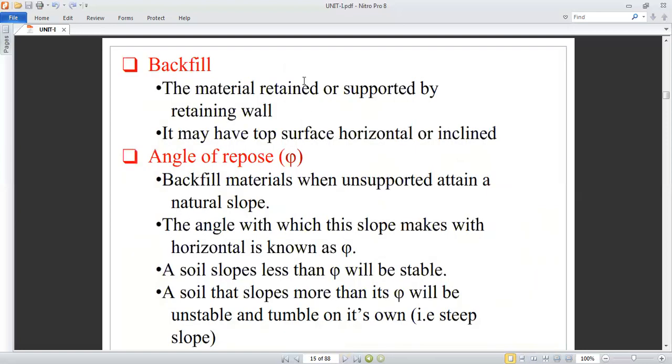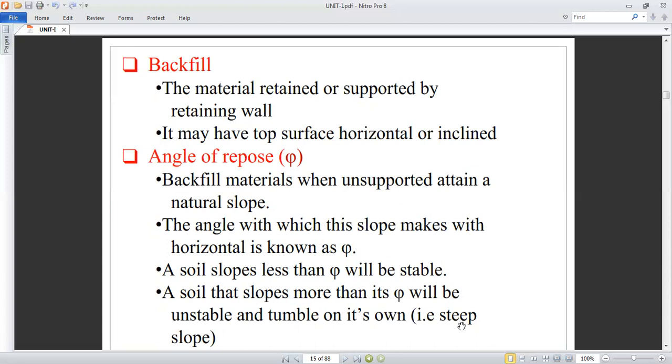So each of these terms is explained. The backfill is nothing but the material that has to be retained. We call it backfill. And the angle of repose, the term is very similar to what you have learned in detail in soil mechanics. When the backfill is unsupported, it attains some natural slope, and when there is a slope there is always an angle with respect to horizontal.